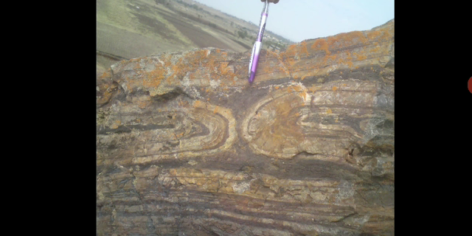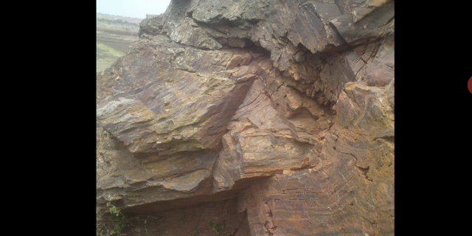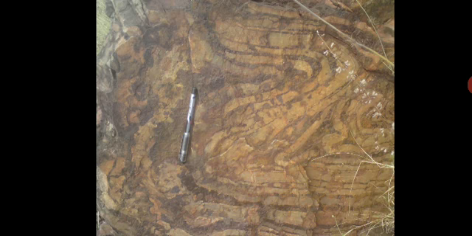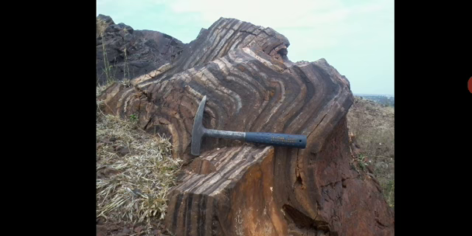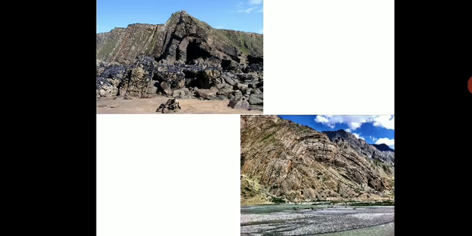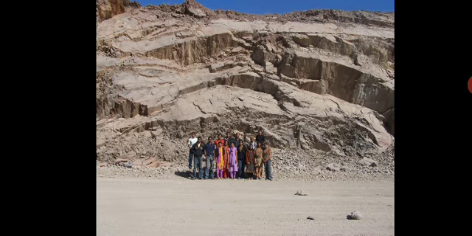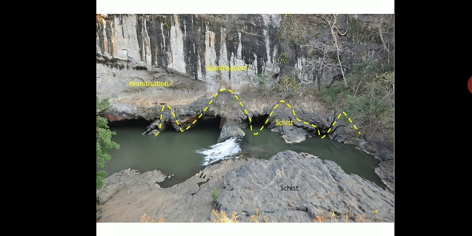Here is the recumbent fold, there are two recumbent folds. These types of folded rocks you can see, this is a big anticline fold, folded rock again. This is from Rajasthan. This is a fold from Sinteri rocks, which is near Dandeli.